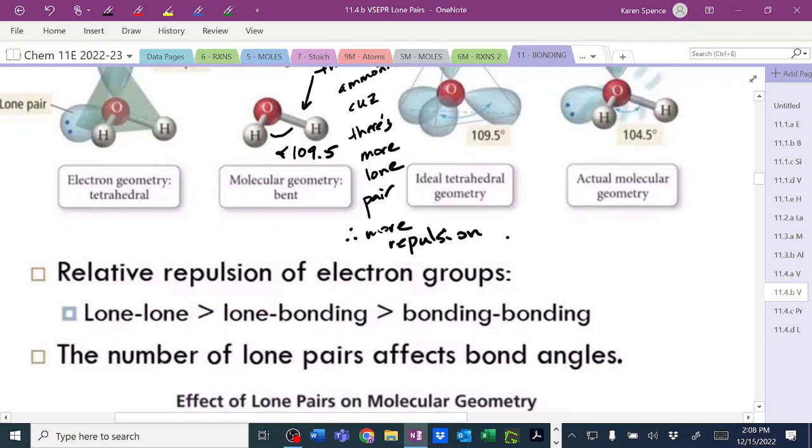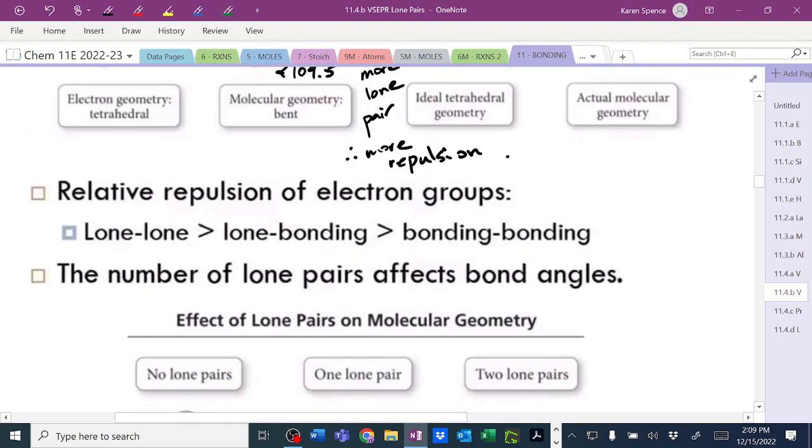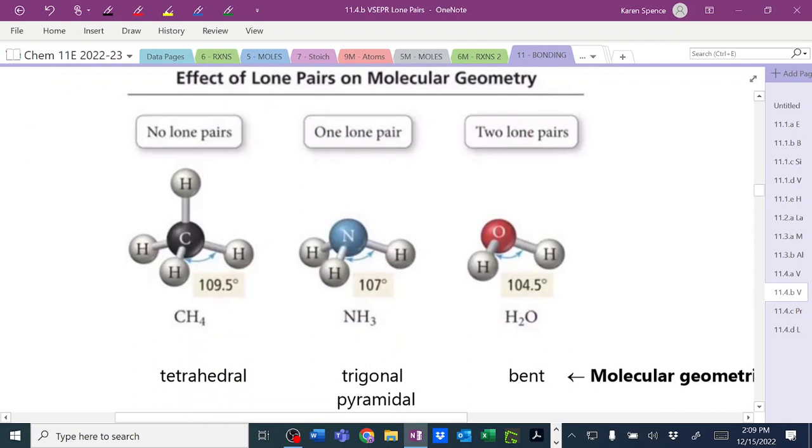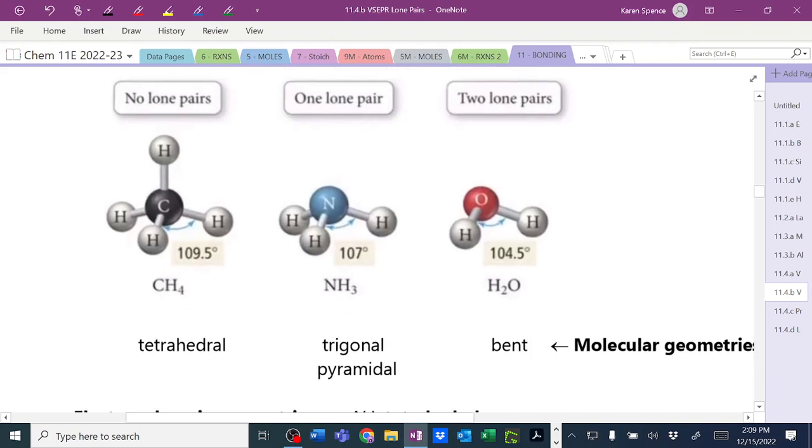Okay, so the relative repulsion: lone pair is more than lone pair, bonding is more than bonding. There's the comparison. So all three of these have tetrahedral what?